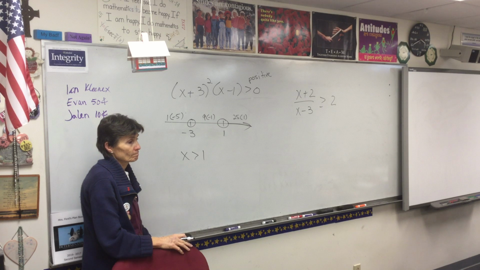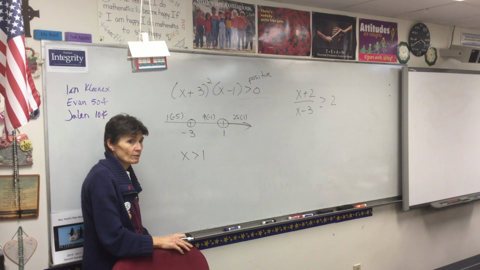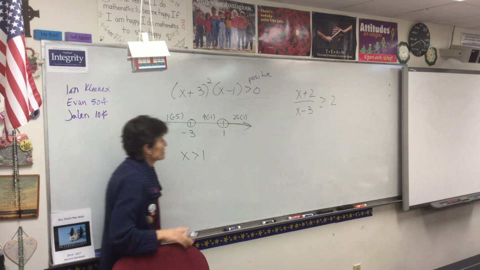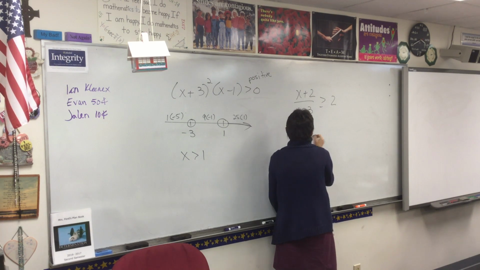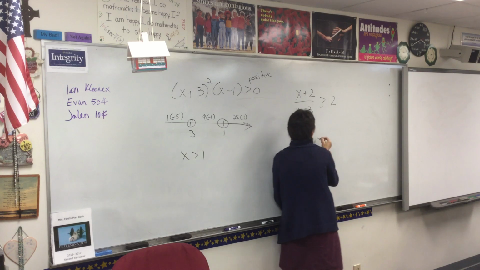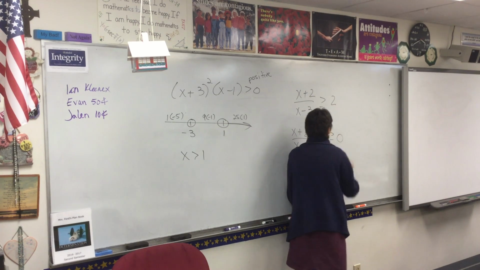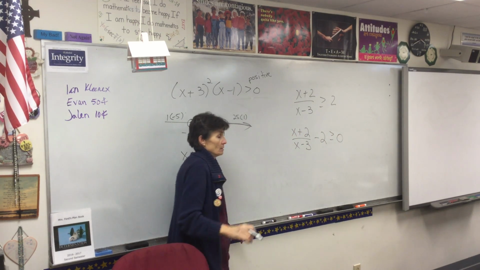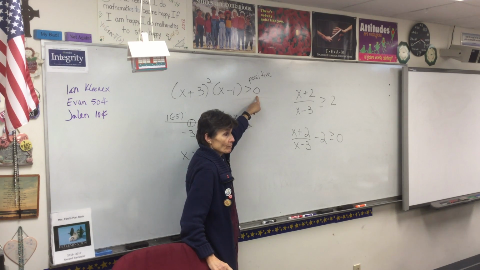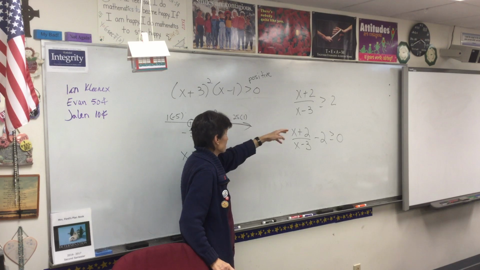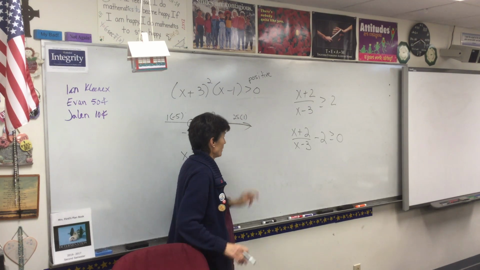All right? So how do we start this one? Subtract the 2. You always want to get a 0. Always, your goal is to have a 0. If you don't have one, you subtract to get a 0.